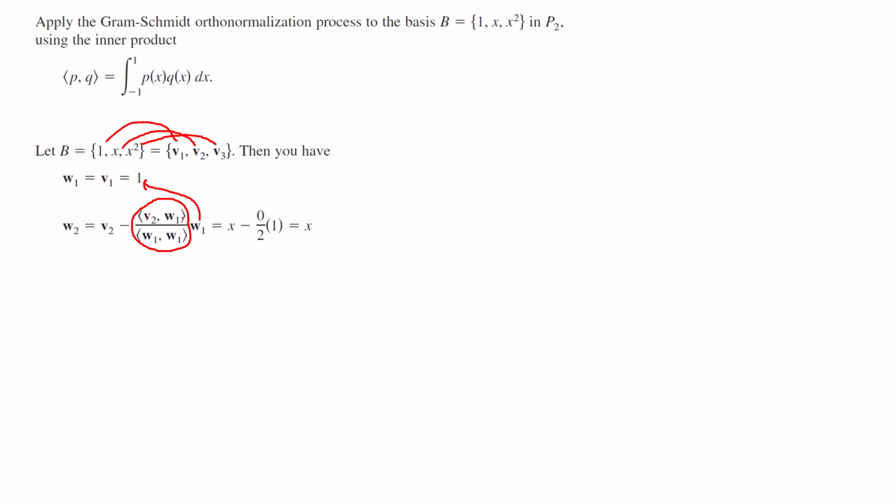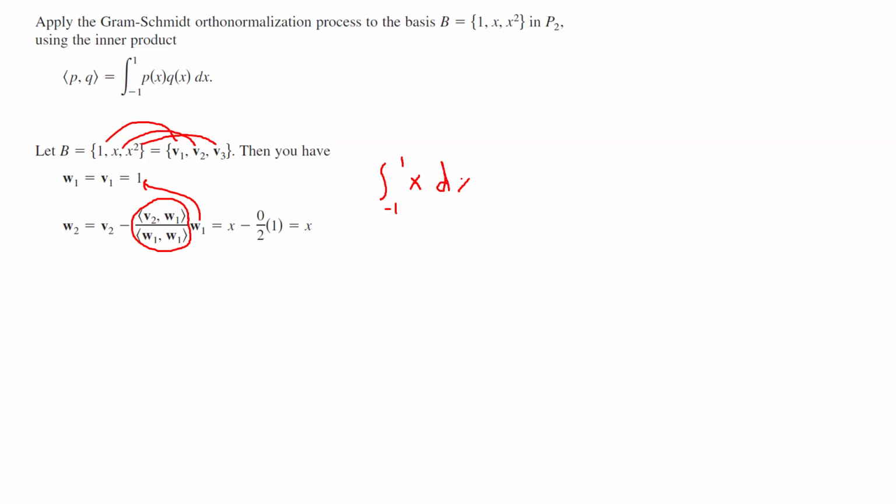Here, if you find the inner product between v2 and w1, this is basically calculating the definite integral from -1 to 1 of v2, which is x, times w1, which is 1, dx.